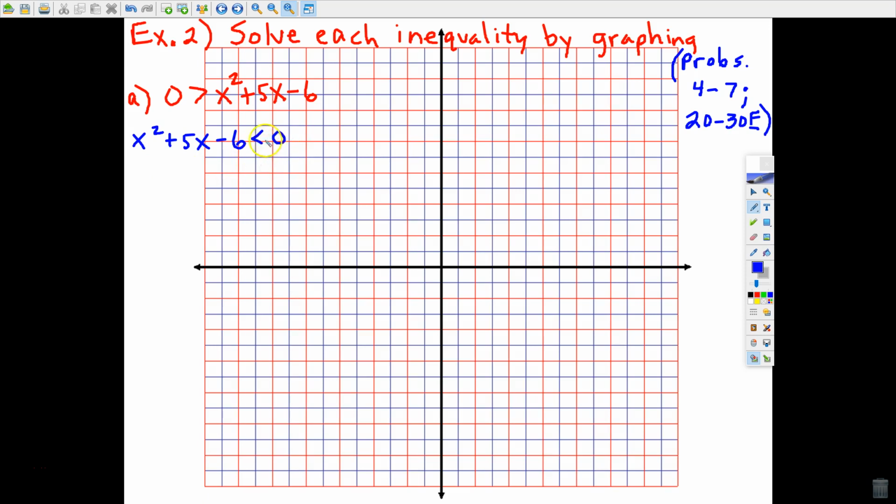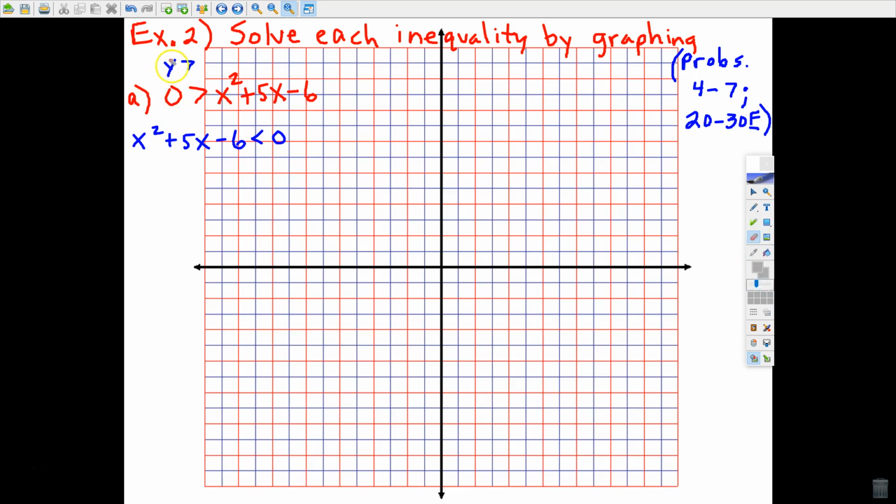The reason for that is, unlike our previous examples where we were looking for all of the xy coordinates, previously this would have said y is greater than x squared plus 5x minus 6. We were looking for all of the xy coordinates that made this particular inequality statement true.